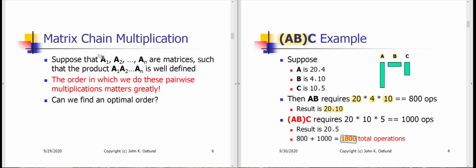So let's suppose that we've got n matrices, and the dimensions of these things are such that if we write down the product, A sub 1, A sub 2, and so on up to A sub n, that's well defined.